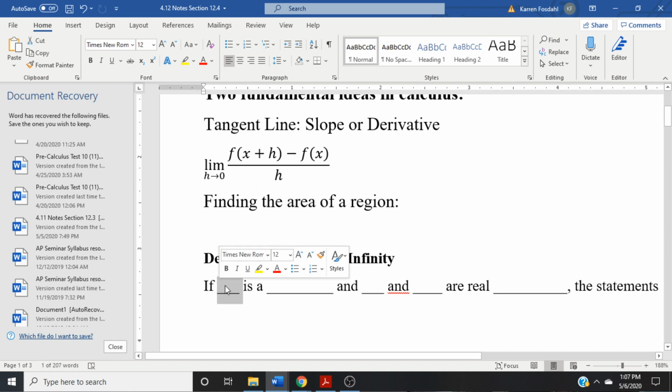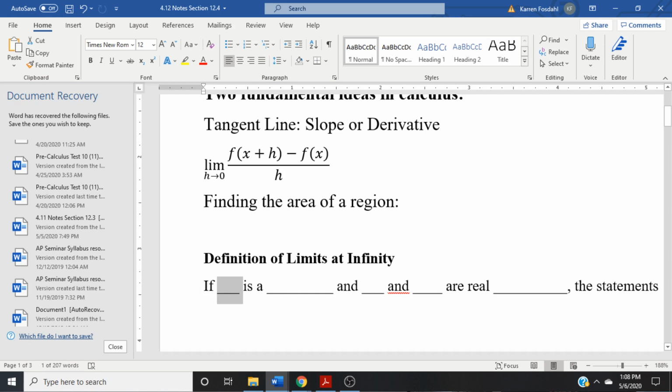Okay. We talked about horizontal asymptotes before, and how we approach. We're getting closer to the number, but we never really reach that number. We just get closer and closer and closer.